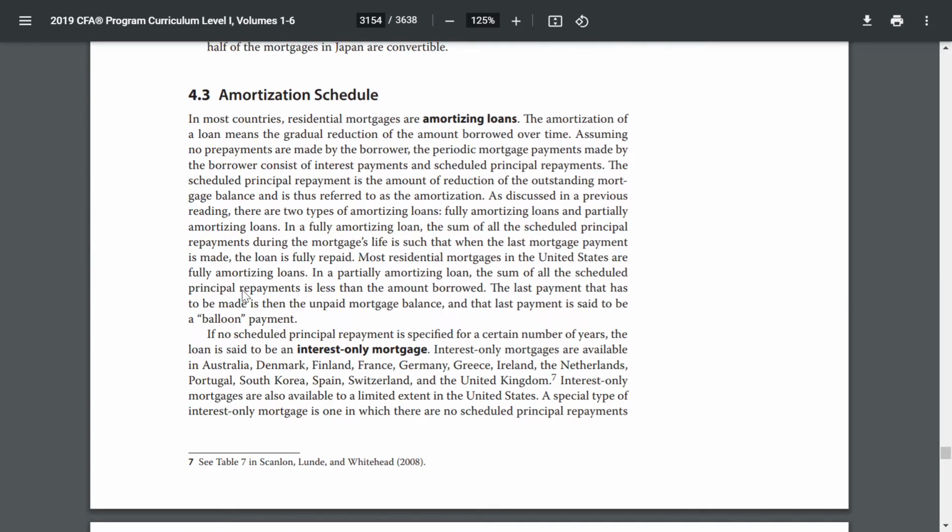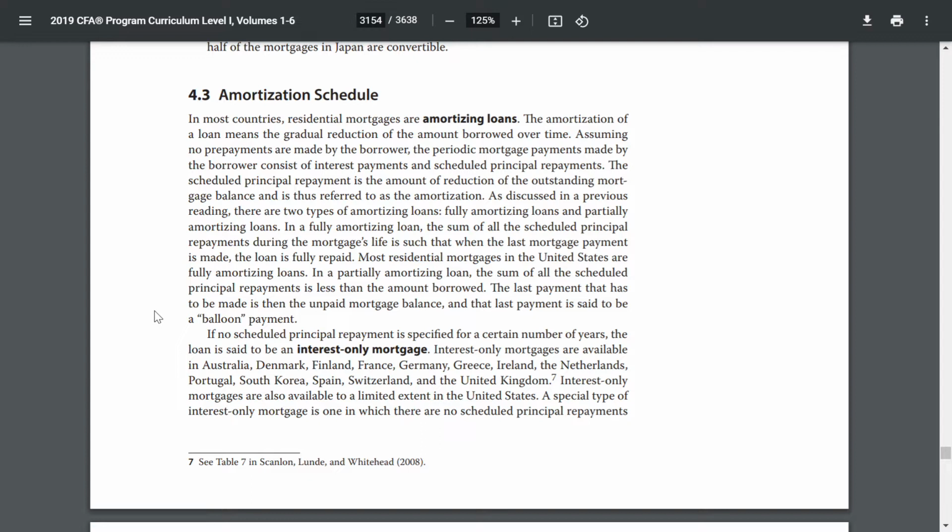Amortization schedule. In most countries, residential mortgages are amortizing loans. The amortization of a loan means the gradual reduction of the amount borrowed over time, assuming no prepayments are made by the borrower. The periodic mortgage payments made by the borrower consist of interest payments and scheduled principal repayments.